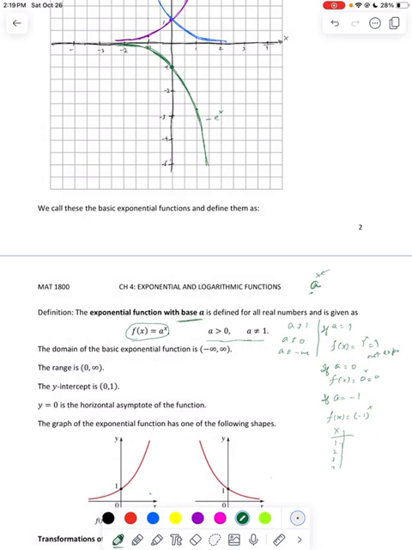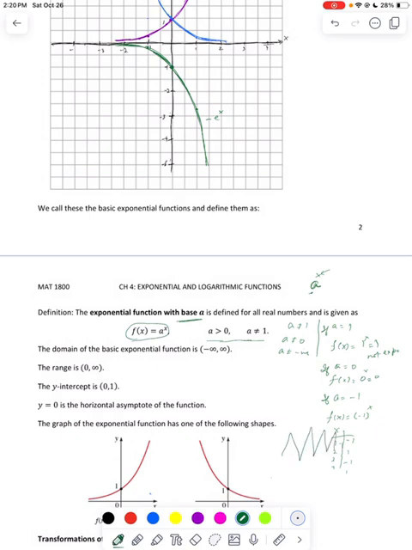When x is 1, you get -1. When x is 2, you get 1. When x is 3, you get -1. So it is fluctuating between +1 and -1, so it will not be an exponential. It will keep doing this.